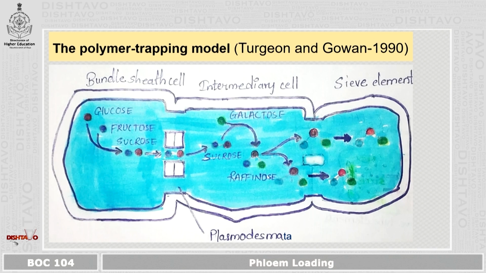So raffinose is going to pass through that sieve pore and enter into the sieve element, which will then transport it to the sink tissue. So this is all about the polymer trapping model, which is the movement of the sugars through plasmodesmata.